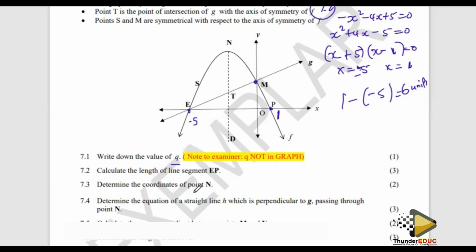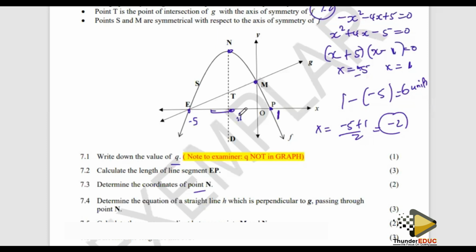Then they want the coordinates of N. So we know that N is the turning point. Okay. For me to get the x value, I can get the midpoint of negative 5 and 1, or I can use the negative b over 2a. Okay, so if I use the midpoint, it's going to be negative 5 plus 1 over 2, which is negative 2.